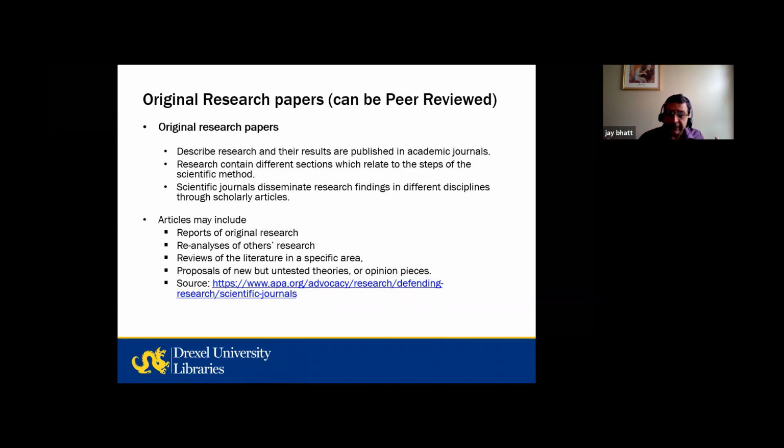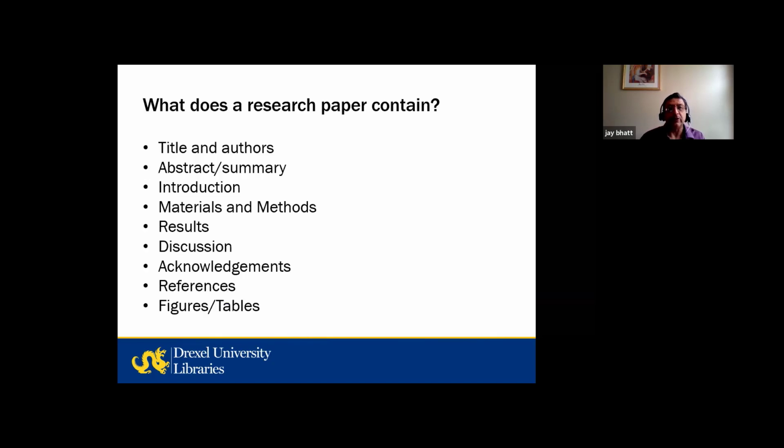So this is an interdisciplinary way that Scopus can also help you find papers in all different interconnected interdisciplinary research areas. It's a powerful tool. Reviews of the literature can find proposals of new but untested theories, or opinion pieces can be found. And I have put a link there to find more details about this.